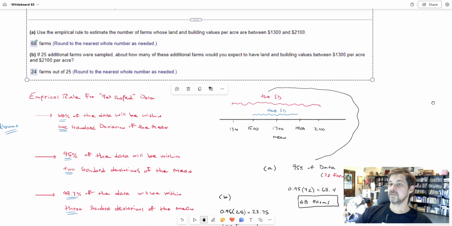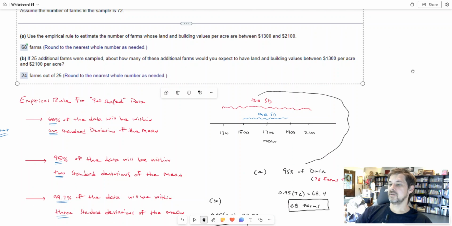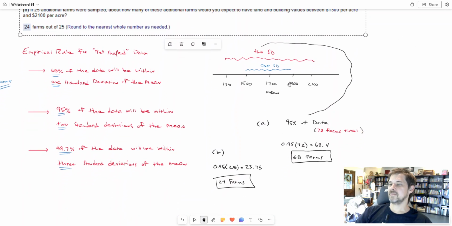If the standard deviation is 200, what does it look like if from here I go another 200 up? 1,900 plus 200 is 2,100. And what if I go another standard deviation down? 1,500 minus 200 is 1,300. So this range here, 1,300 to 2,100, is two standard deviations from the mean.